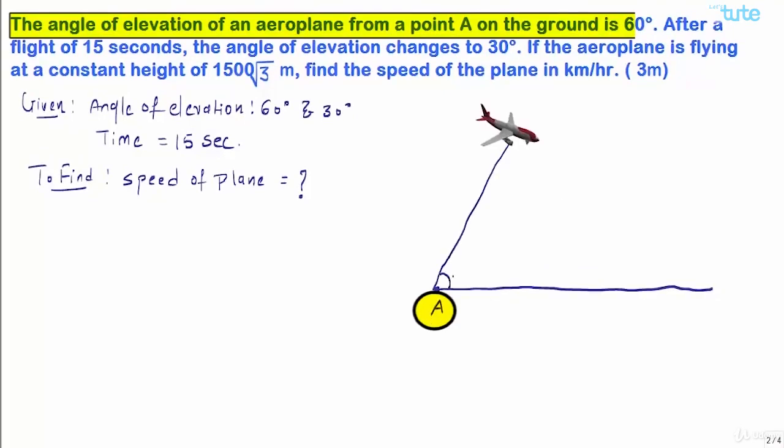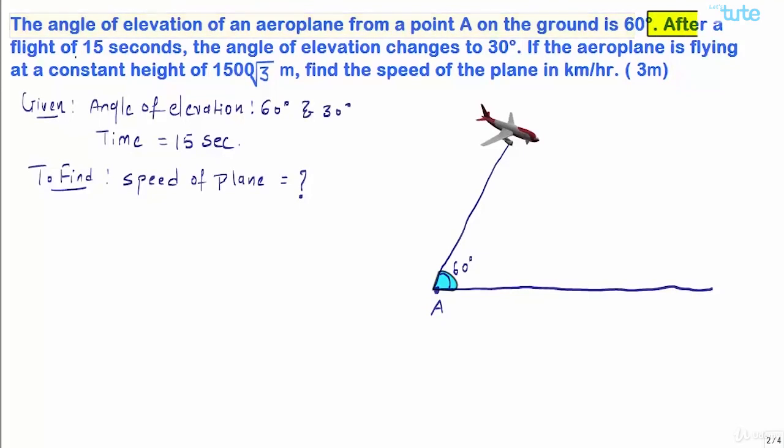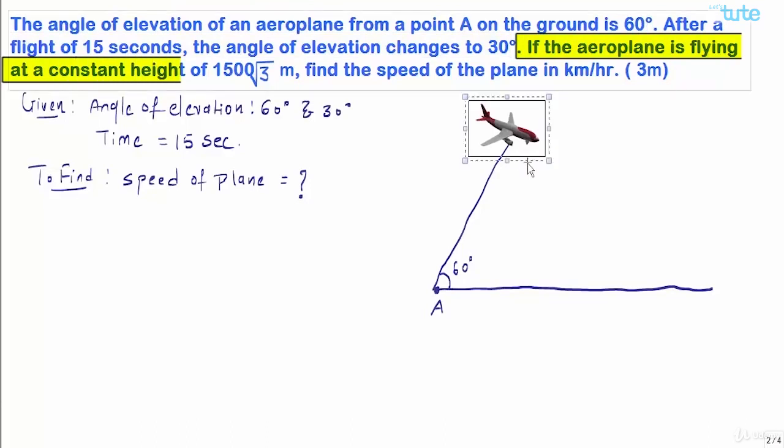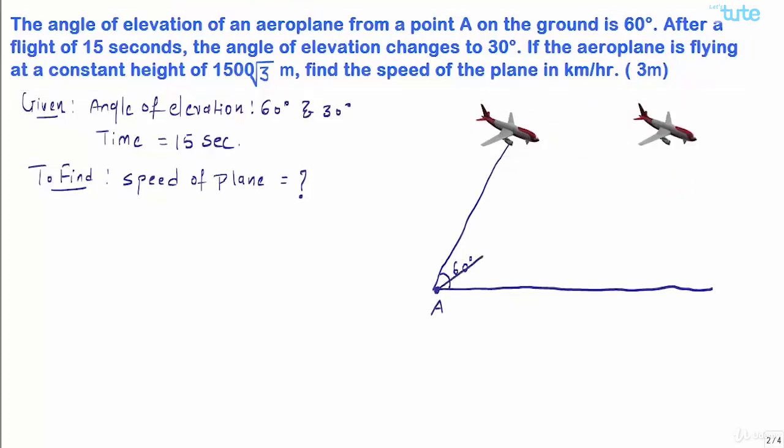And the angle of elevation is given as 60 degrees. Now the next line says that after a flight of 15 seconds, the angle of elevation changes to 30 degrees. Also note that it is given that the aeroplane is flying at a constant height. So suppose after 15 seconds, the aeroplane is here, and this is the angle of elevation, which is given as 30 degrees.